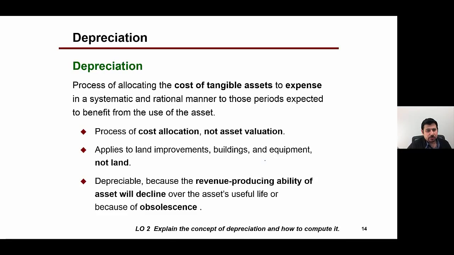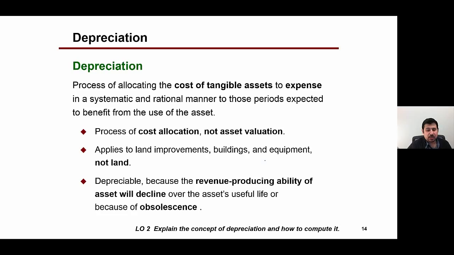It will break down more often. It will have more problems with the engine, tires, etc. And as a result, a new truck will have a greater capability of producing revenue. As a result, the companies depreciate this asset to allocate the cost over the useful life.